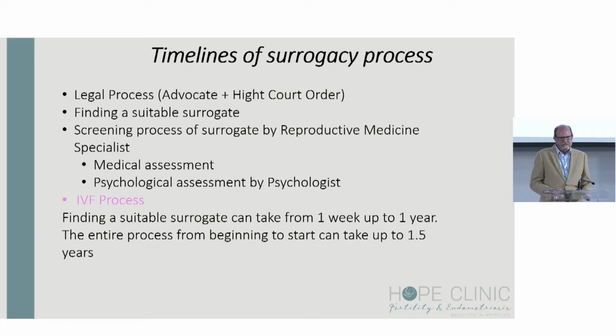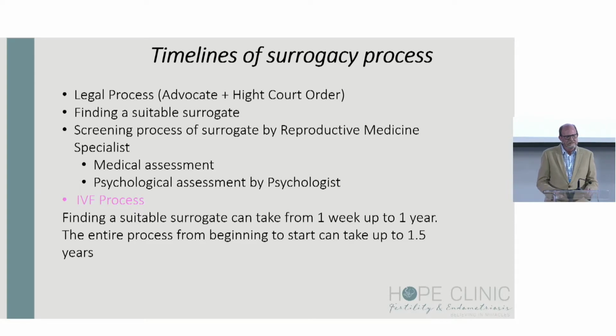Then the timelines for the surrogacy process. It's basically the legal process, and the legal process can take some time because you need to get a court date, you need to see the surrogacy advocate, you need to do the consents, so it takes a long time.